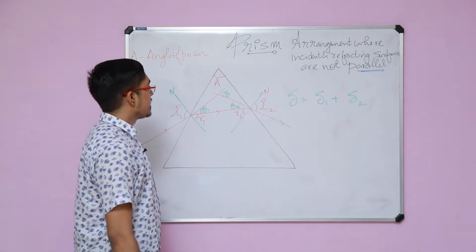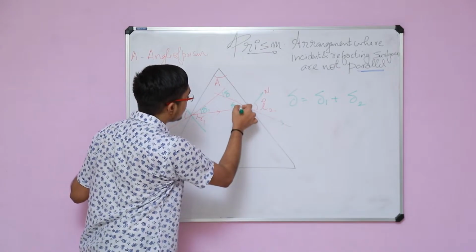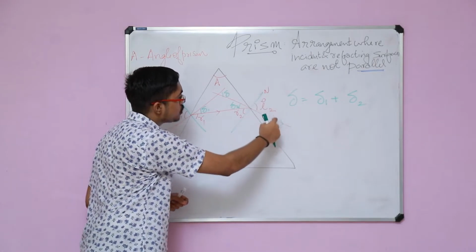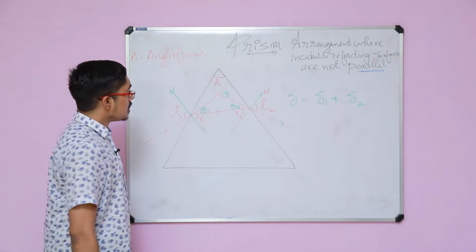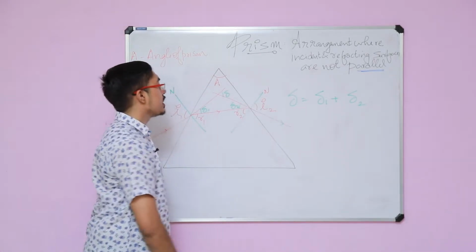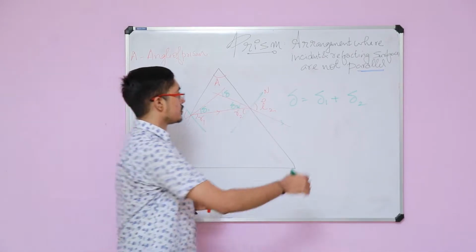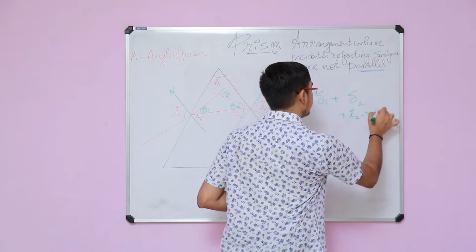What will I substitute for delta 1? See, I understand that I2 and delta 2 plus R2, this particular whole angle and I2 are vertically opposite, so they are equal. So delta 2 plus R2 is equal to I2. So delta 2 is equal to I2 minus R2. So that is I2 minus R2, right?